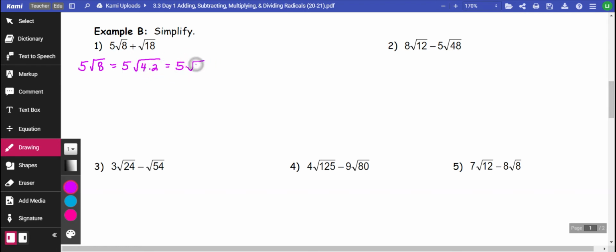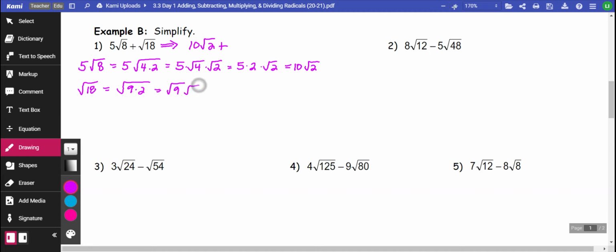So 5 times the square root of 4 times the square root of 2. Square root of 4 is 2. 5 times 2 is 10. Okay, so now this becomes 10 root 2 plus, let's simplify the square root of 18. Okay, 18 is 9 times 2. Square root of 9, square root of 2, I get 3 root 2.